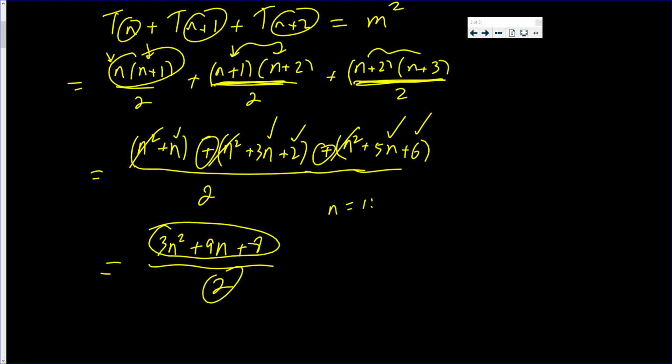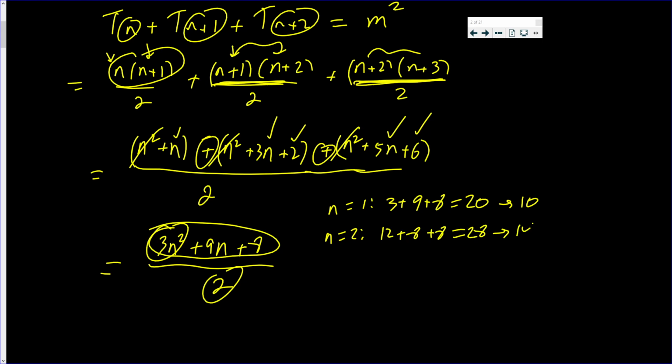If n is 1, you get 3 plus 9 plus 8, which is 20. Half of that is 10. That's not a perfect square. n is 2. 2 squared is 4 times 3, 9 times 2, plus 8. This is 28. Half of it is not a perfect square.